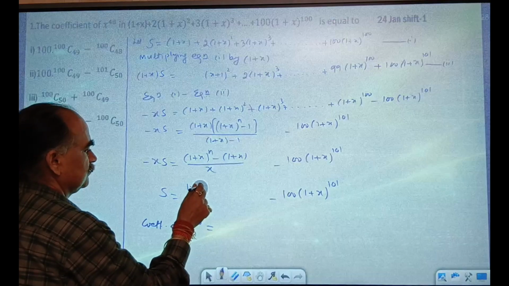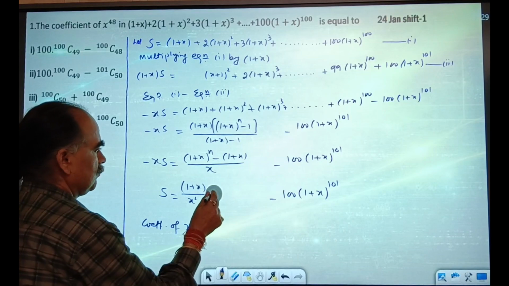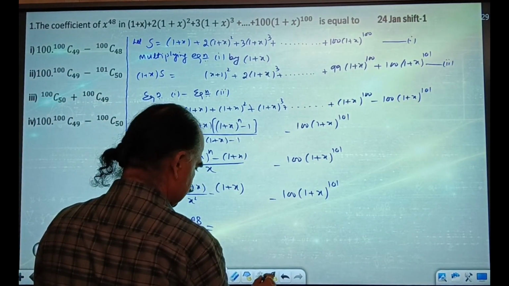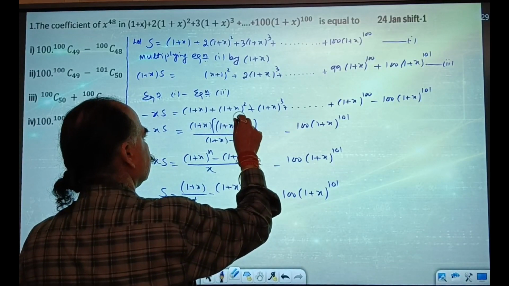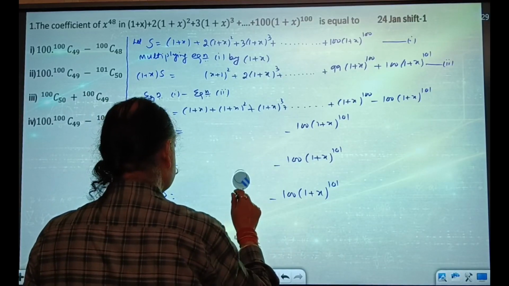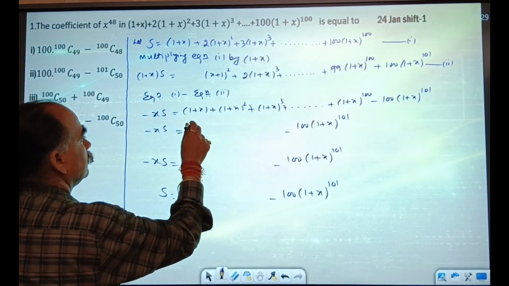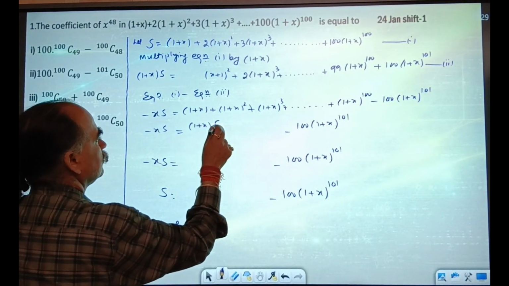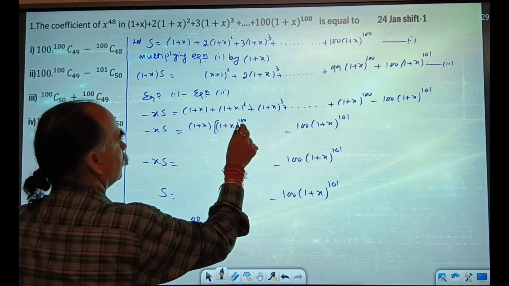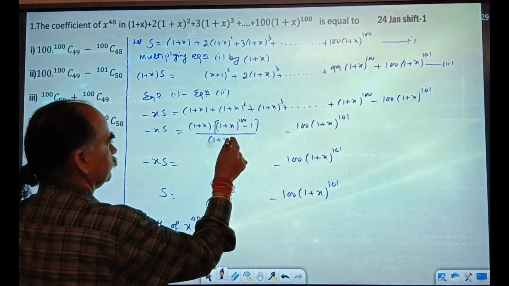1 plus x upon x square minus 1 plus x raised to 100, sorry, not, because number of terms is 100. 1 plus x into 1 plus x raised to 100 minus 1 upon 1 plus x minus 1.